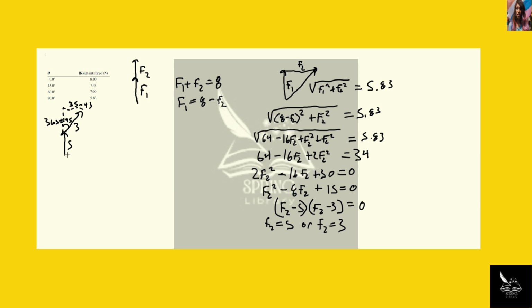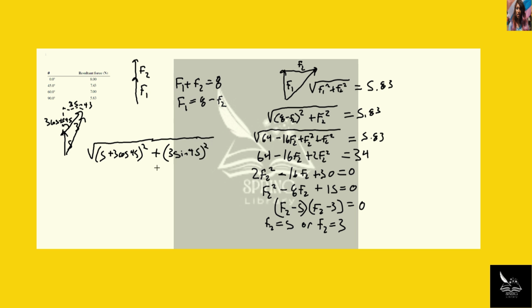So then this resultant vector will equal the square root of the y's added together. So we have (5 plus 3 cos 45) all squared, plus the x's added together, which is just (3 sin 45) squared.